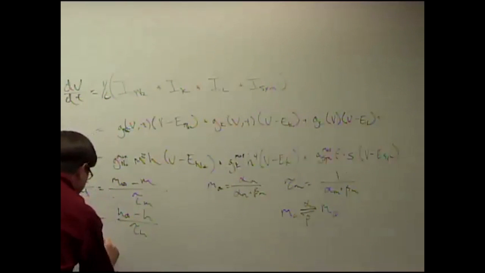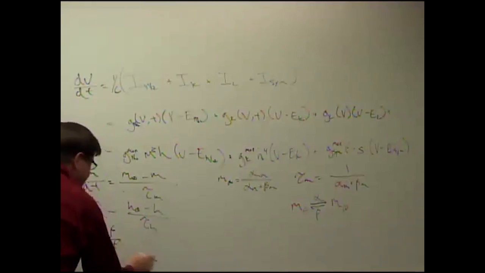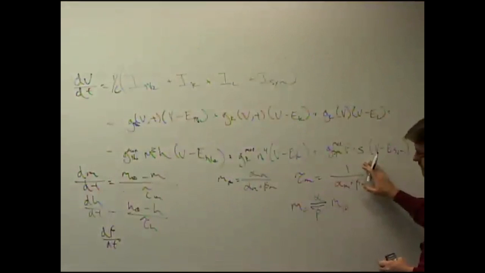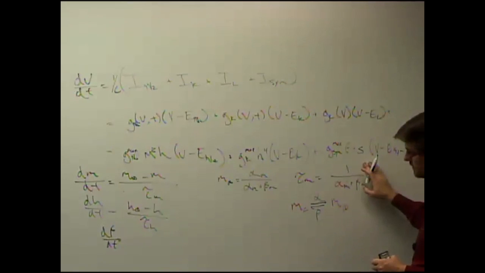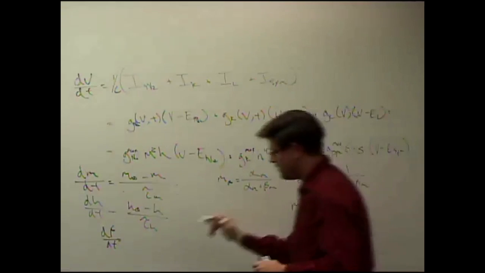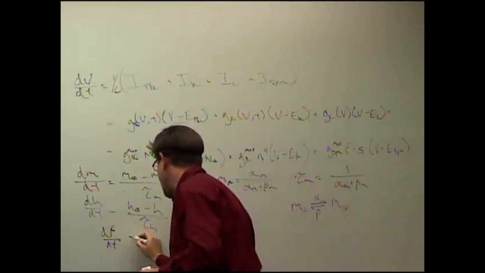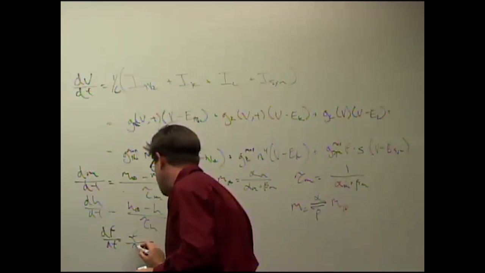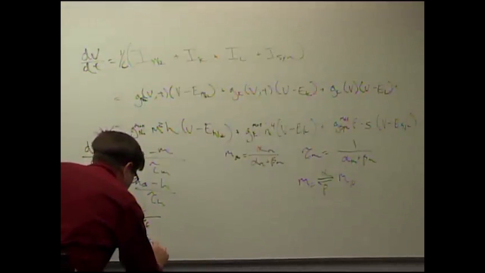Okay? And essentially, we'll call this the fast. Oh, I'm sorry, this isn't right. Let's see, let me think through this. df/dt is equal to minus f over tau_f, and ds/dt is equal to minus s over tau_s.